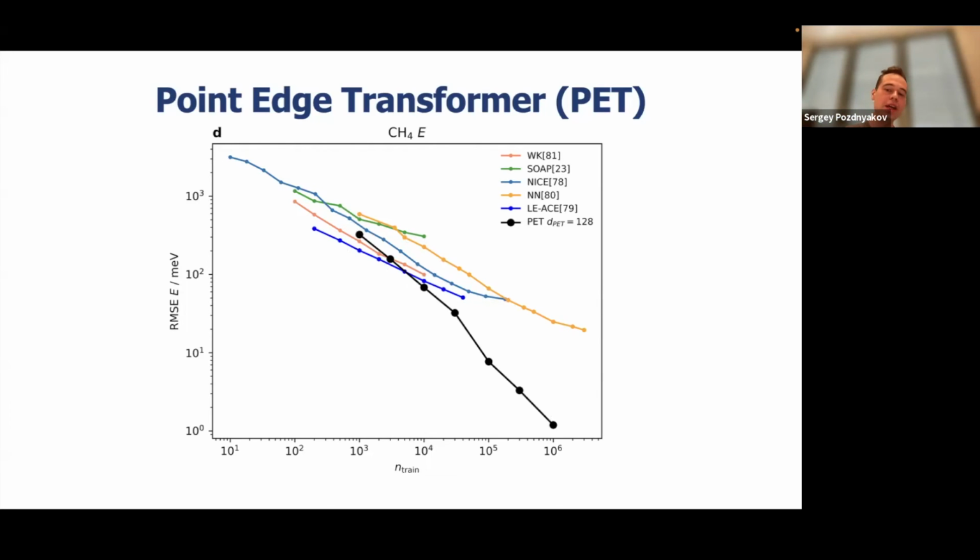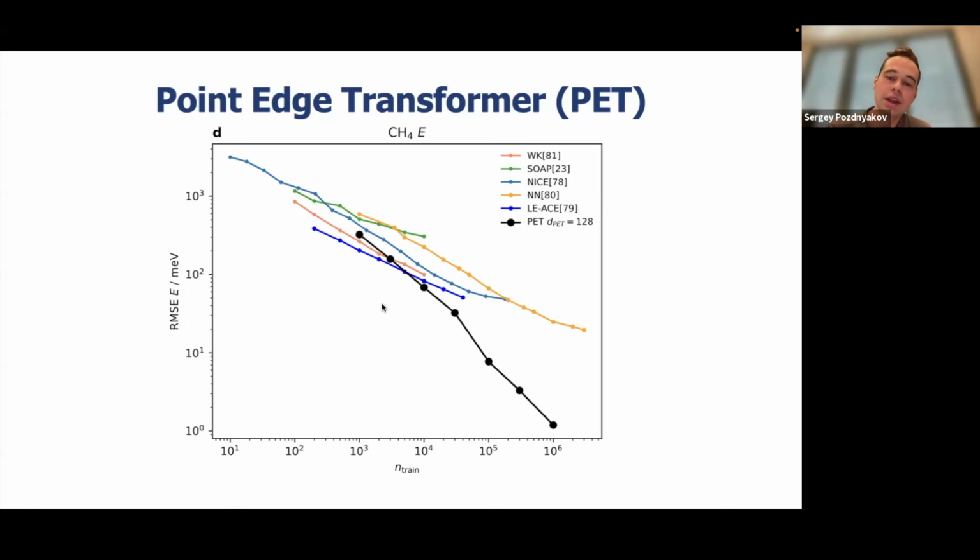And probably I can just very briefly go over the models which are compared with PET. These are Wigner kernels. This one is basically the classical GAP potential, basically kernel regression based on the power spectrum. The NN, the yellow line, is basically a shallow multi-layer perceptron based on a concatenation of the power spectrum and the bispectrum.